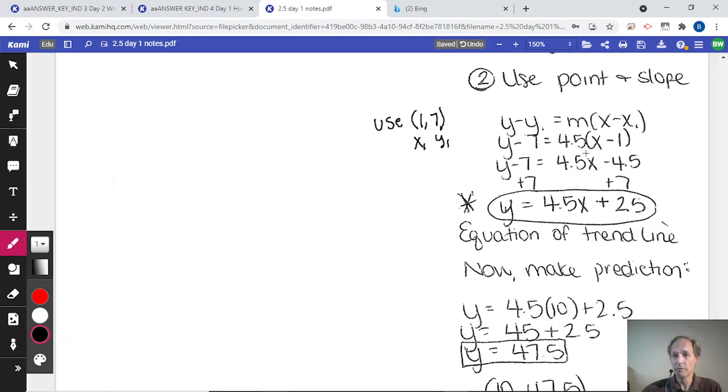Then distribute the 4.5 times x and 4.5 times minus 1. And then add 7 to both sides. And now we have it in slope-intercept form, which is our sort of go-to form. The point-slope form is very useful to find that line, but we don't leave it in point-slope form. We're going to convert it to slope-intercept form.